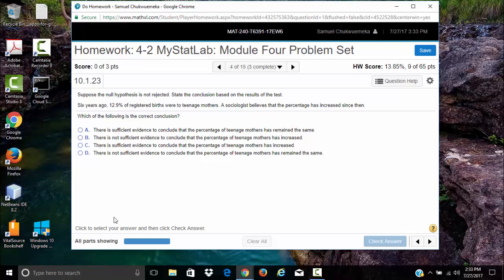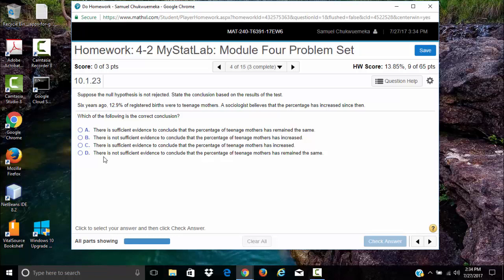And remember, rejection of the null hypothesis, in essence, means supporting the alternative hypothesis.